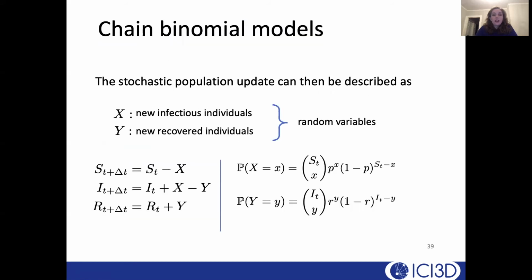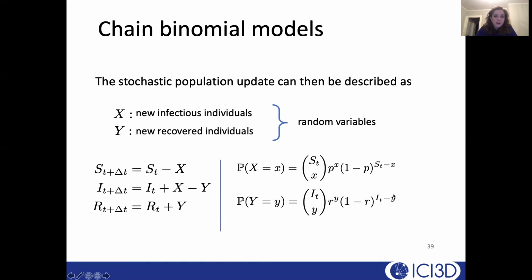So we can then describe this update in terms of random variables, which I won't go into great detail since that could be a course in itself. But X is the number of new infectious individuals and Y is the number of new recovered individuals.